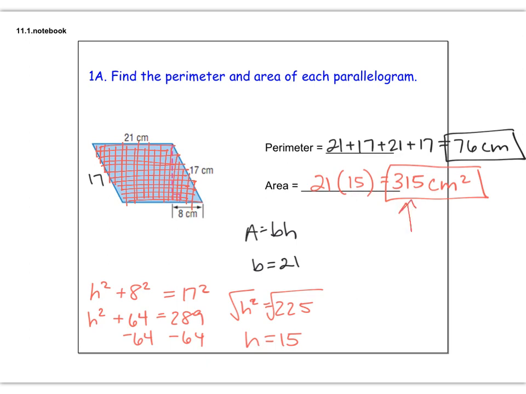If you're guessing there are 315 squares that fill up this parallelogram, you are correct. It's actually 315 squares that are each 1 centimeter by 1 centimeter that would fill this up. And if you're thinking about the edges where it's slanted here, you might end up with some triangles. But if you take two of the triangles and put them together, you're going to end up with a square. So that's where the centimeter squared comes from. It's actually that many squares that cover the object.